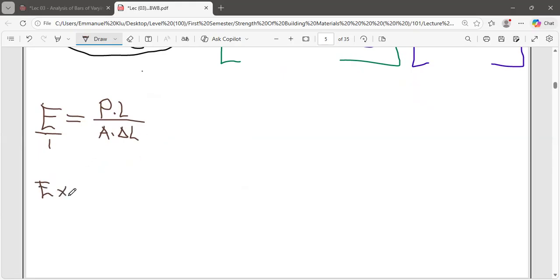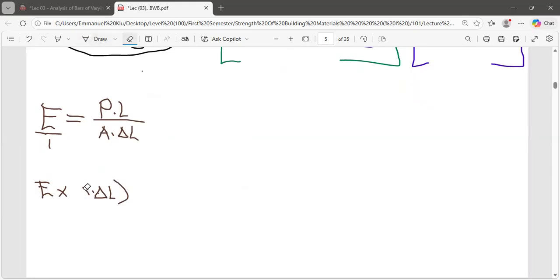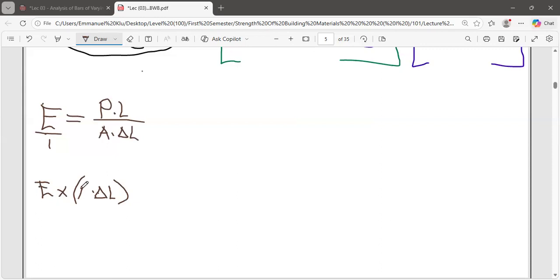We are going to write E times A multiplying change in length. Also, our equal to sign is going to come, and our load times L is now also going to multiply the 1 you are seeing over there.